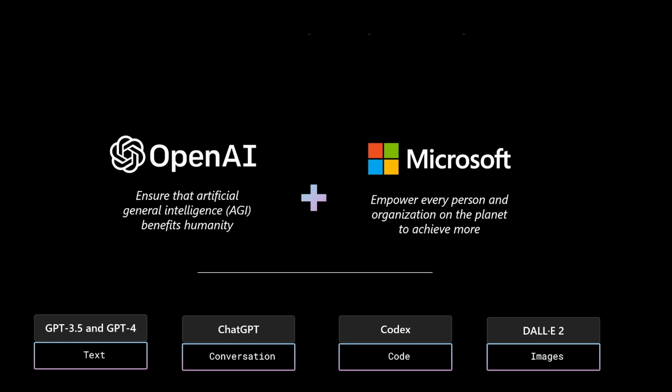And we have the Codex models, which are basically used for generating code across different languages such as Python, SQL, C Sharp, whatever your favorite language is, based on natural language queries. And Dall-E 1 and 2 models, which are basically ingesting text or user queries and generating images from those text inputs.